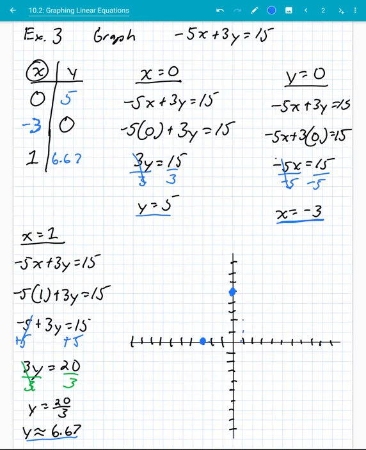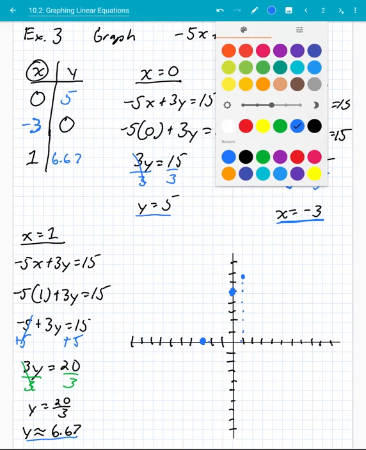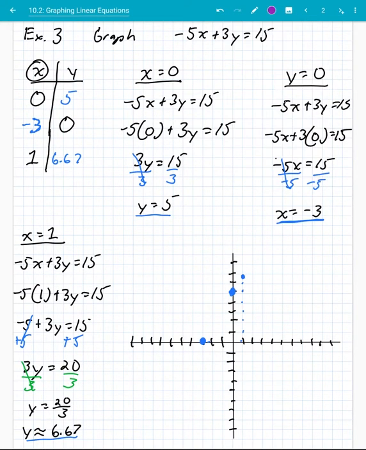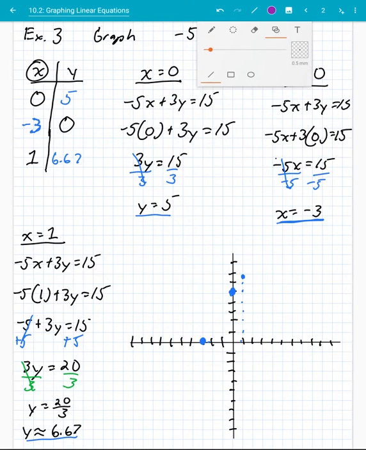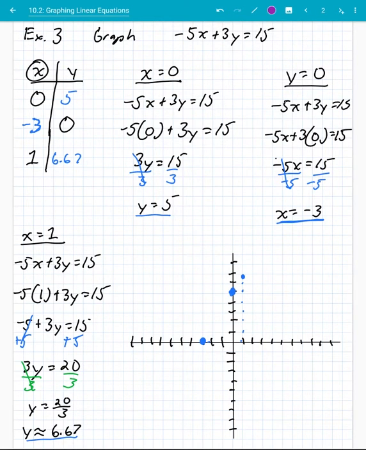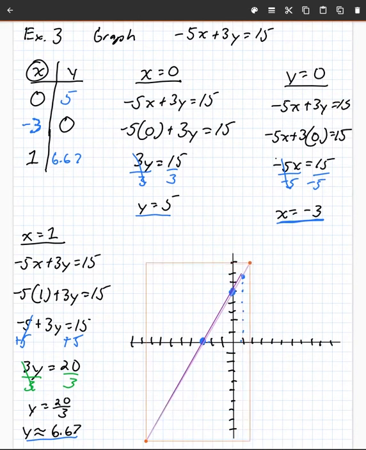So it's 1, 2, 3, 4, 5, 6. 6.67 is like 2/3 of the way, so it should be kind of right here. And that'd be perfect. But you notice when we connect all of the dots, I'll do purple. I'm going to get my line tool, and we're going to connect all of the dots. So we can see it goes through all of them a lot neater than it would if I didn't put it on graphing paper.